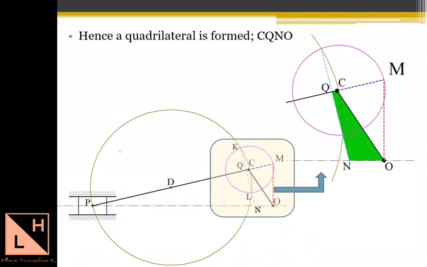So this connecting rod will have two acceleration components: one is the radial component of acceleration, and another one is the tangential component of acceleration. We already saw that this QC is given as the radial component of the acceleration for the connecting rod. This QN will give us the tangential component of acceleration for this particular connecting rod PC.